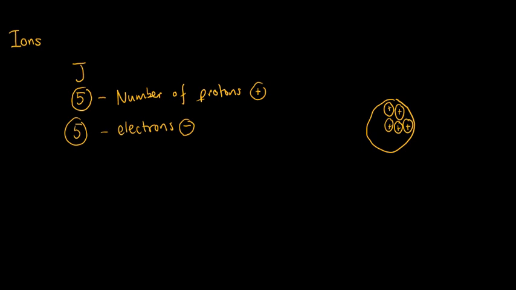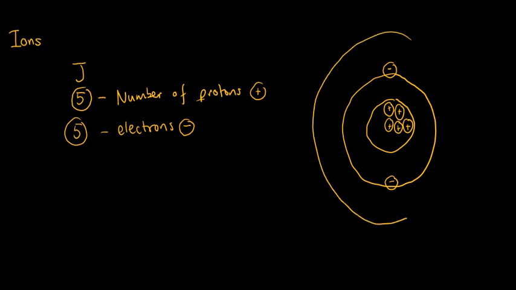There would also be some neutrons in this nucleus, but I'm not going to show them, just to keep things simple. And then my electrons would be held in the shells outside the nucleus, and I would have 5 of them. First shell can only hold a maximum of 2 electrons, so I would have 3 electrons in my outer shell.